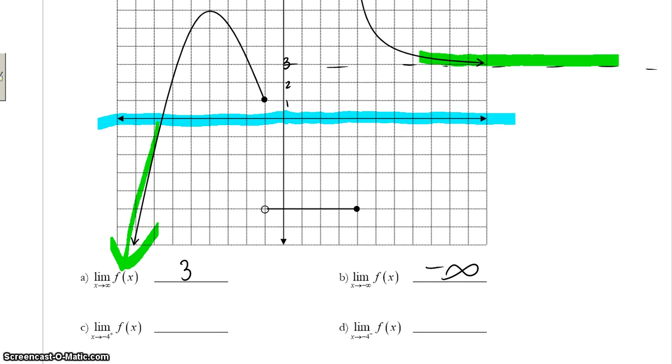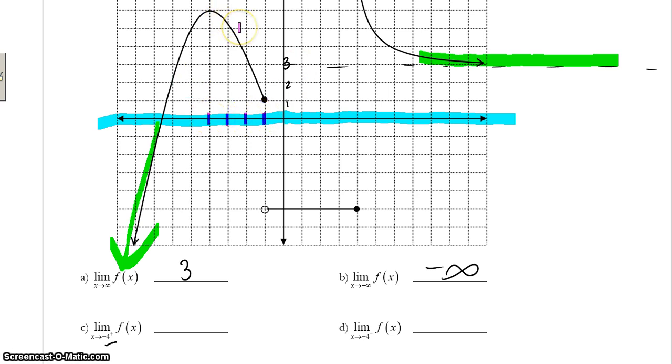Looking at our next one, it says the limit as x approaches negative 4 from the right side. So where is negative 4? Let's see. So we have 1, 2, 3, 4. That's negative 4.